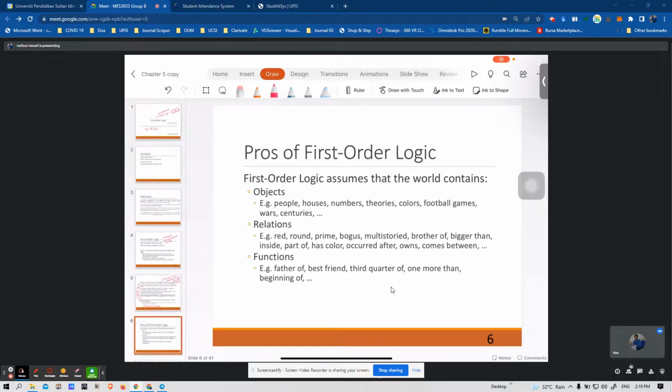For relationships: red, round, prime, bogus, multi-story, brother of, bigger than, and so on. And then we have functions for describing logic.